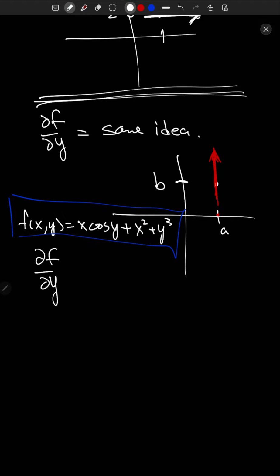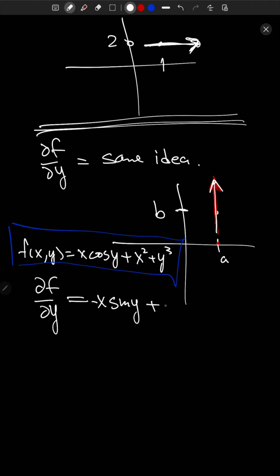When we think about how f changes in the y direction, x is constant, so we just leave it out in front. The derivative of cosine is minus sine, so minus x sine y, plus x squared. X is a constant, so its derivative is 0, plus, and then y is our variable, so differentiating y cubed we get 3y squared.